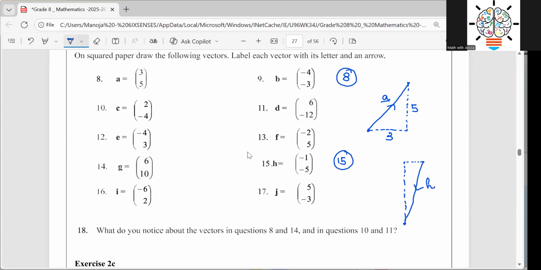You write H here. Here it is 1. Here it is 5. Don't write -1, -5. Automatically it shows what is negative, what is positive. You just write how many steps you came. So you just draw the lines nicely, children. Here I'm just doing it without having any ruler, right? This is what you should do, right?